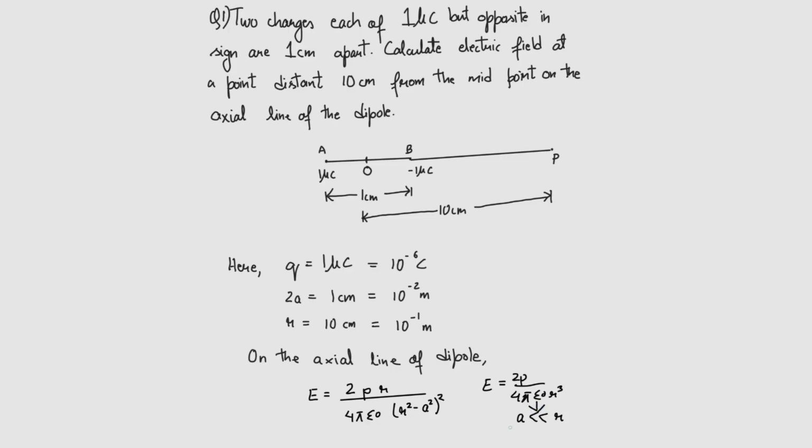Now look at the value of A. In our case here, 2A is equal to 1 centimeter, so A is equal to 0.5 centimeter. If we look at R, R is equal to 10 centimeter.